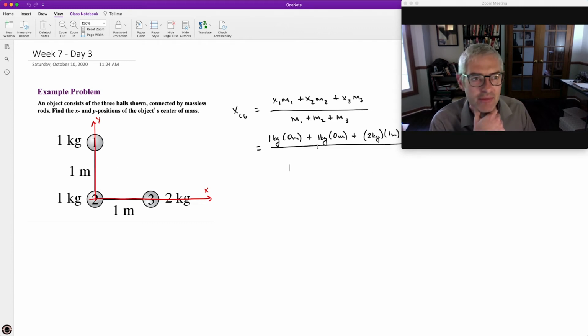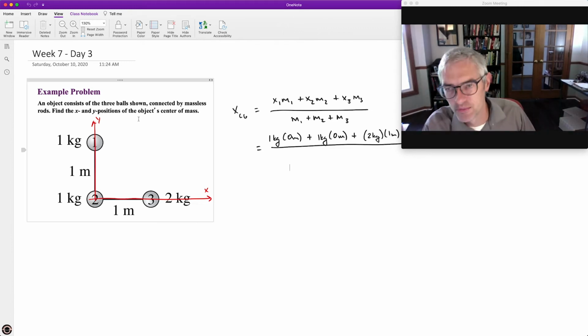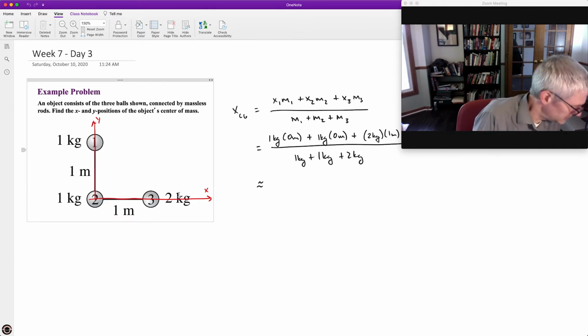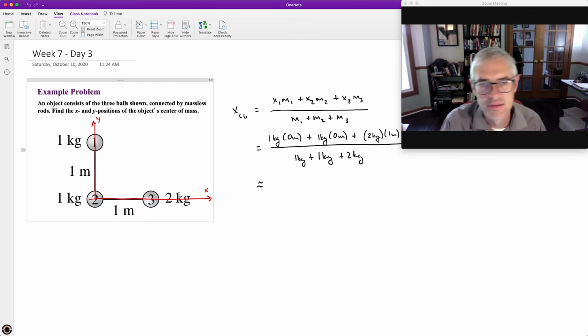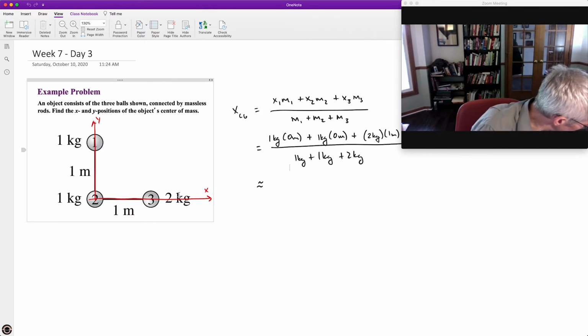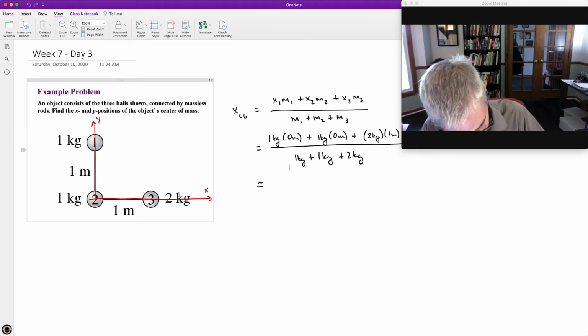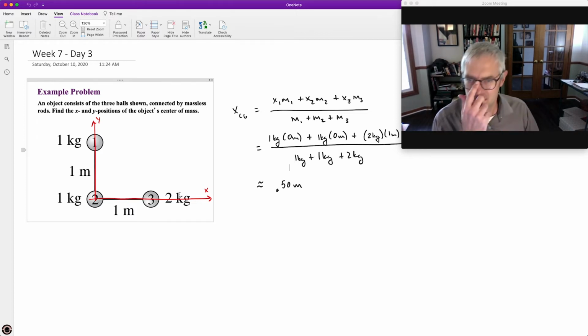Now I need to divide by the total mass of the system: mass 1, 1 kilogram, plus mass 2, 1 kilogram, plus mass 3, 2 kilograms. Plug all those in, and we get 0.5 meters. Half a meter over.